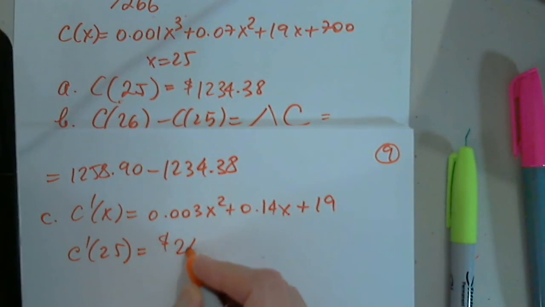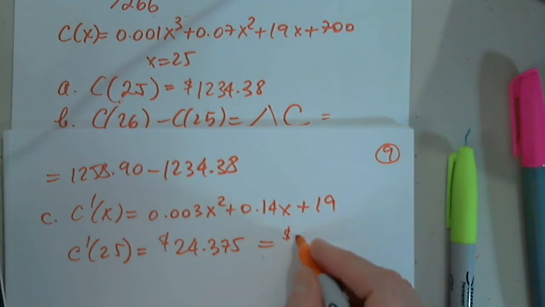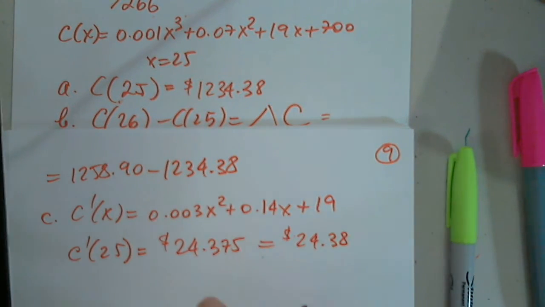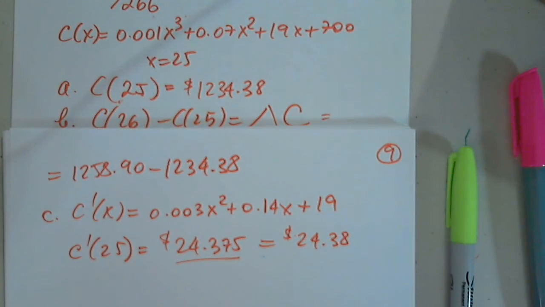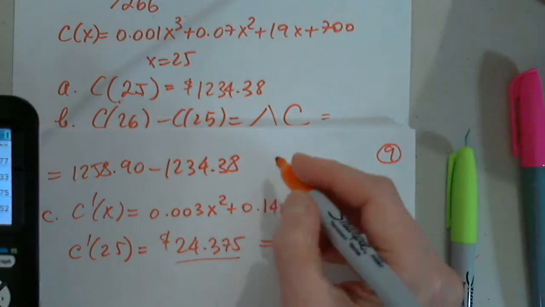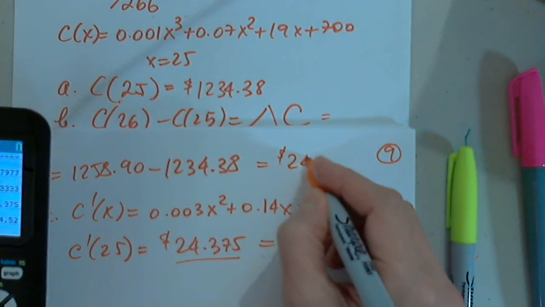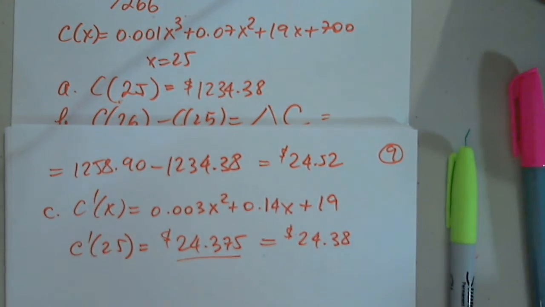So I got 24.375. Because it's dollars, you can write 24.38, but this is the exact. Now 1258.90 minus 1234.38 is 24.52. Okay, so part C.